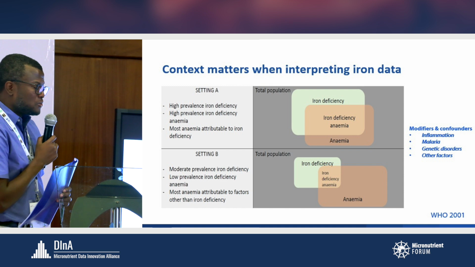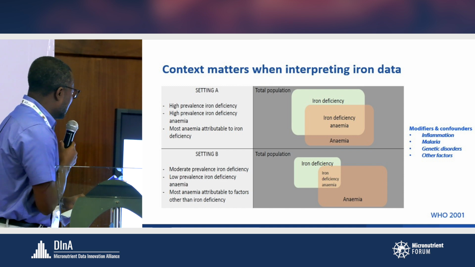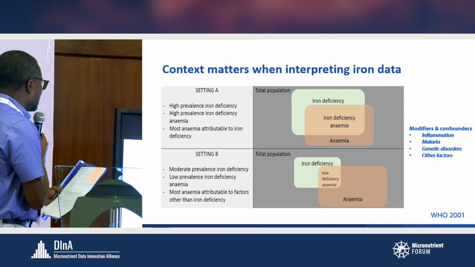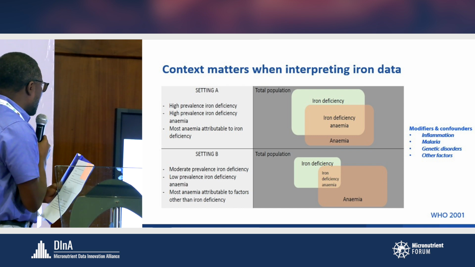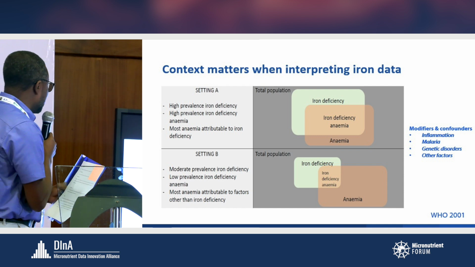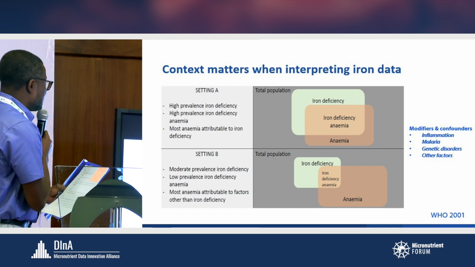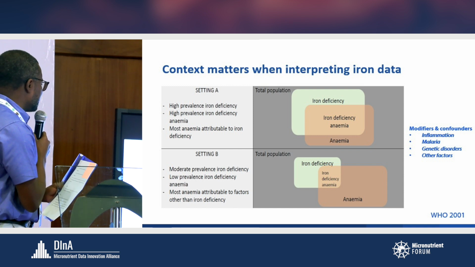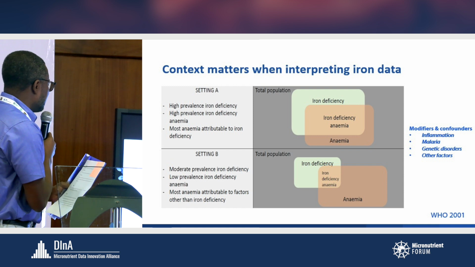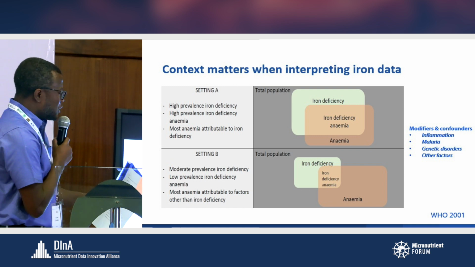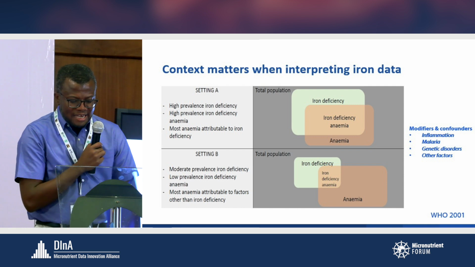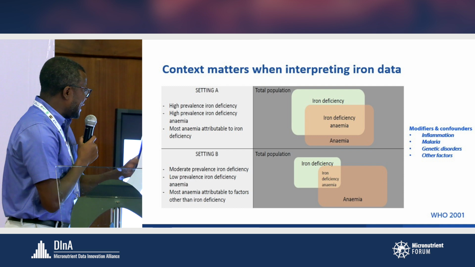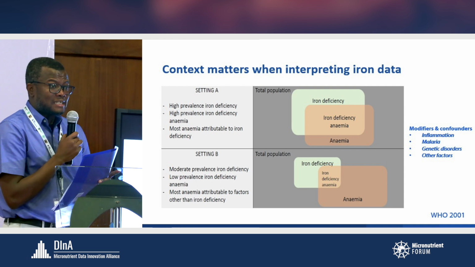It gives you a diagram of two settings. Setting A has a high prevalence of iron deficiency and high prevalence of iron deficiency anemia, and setting B has a moderate prevalence of iron deficiency and low prevalence of iron deficiency anemia. When we look at the boxes inside, you see that the anemia rectangle is the same size.